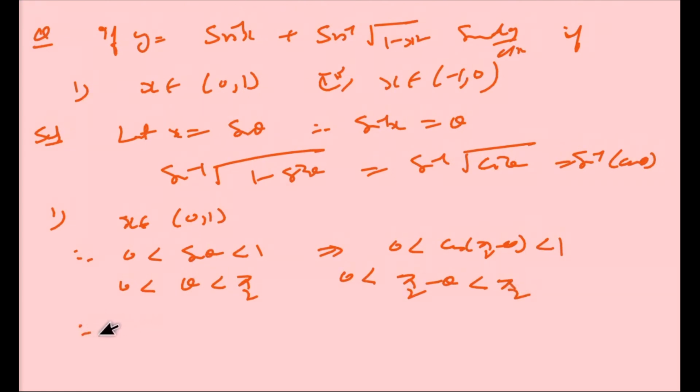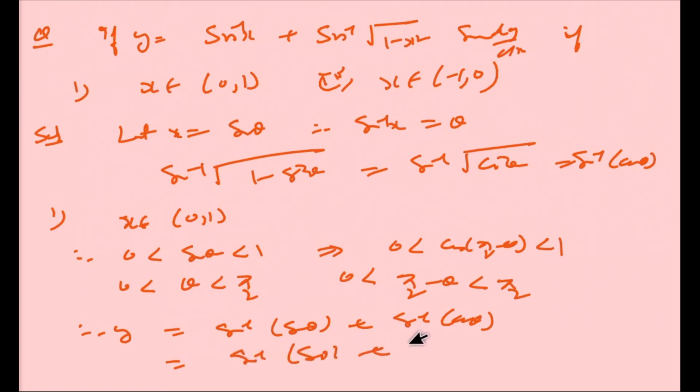Hence our question is y equal to sine inverse sine theta plus sine inverse cos theta, which is equal to sine inverse sine theta plus sine inverse sine of (pi by 2 minus theta). Therefore it is equal to theta plus pi by 2 minus theta equal to pi by 2.